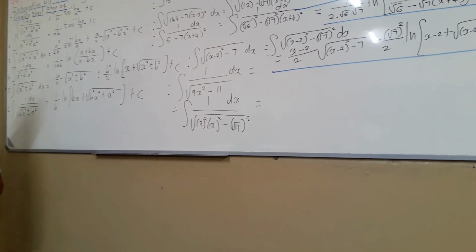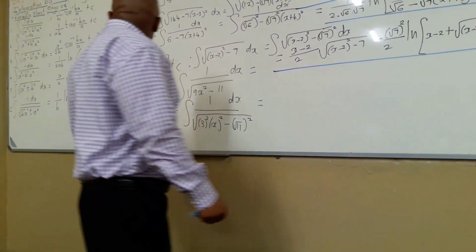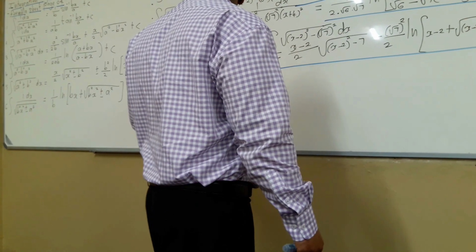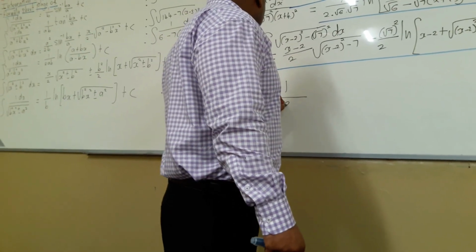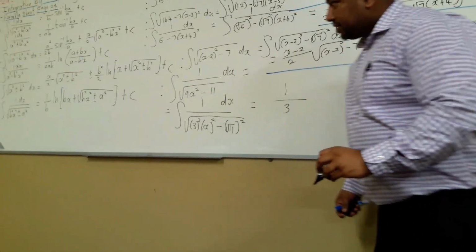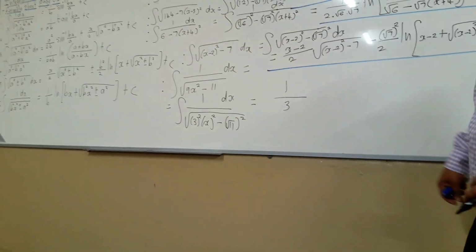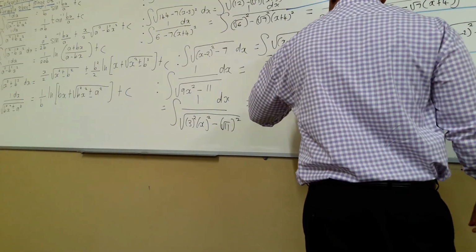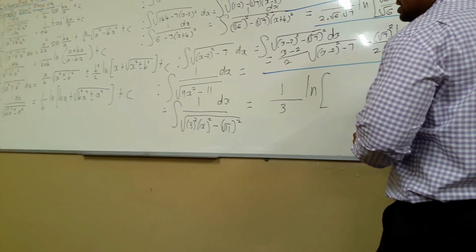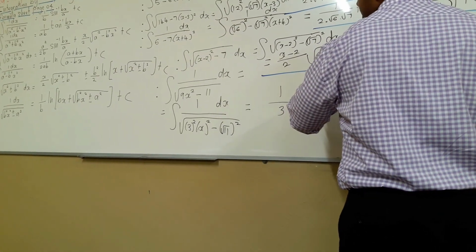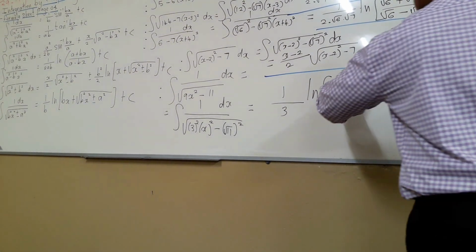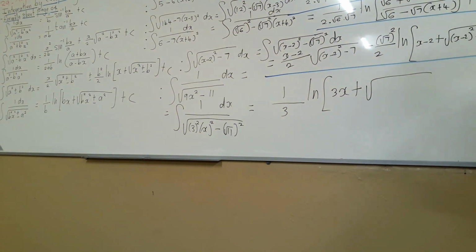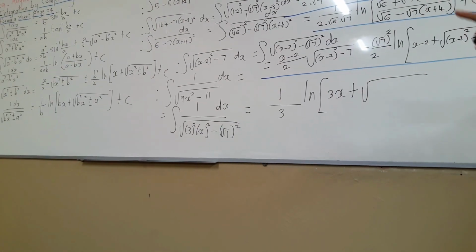Alright. So that's 1 over b, which is going to be 1 over 3 ln. Okay, there's your 1 over b, 1 over 3 ln of bx, which is 3x plus the square root of b squared x squared.